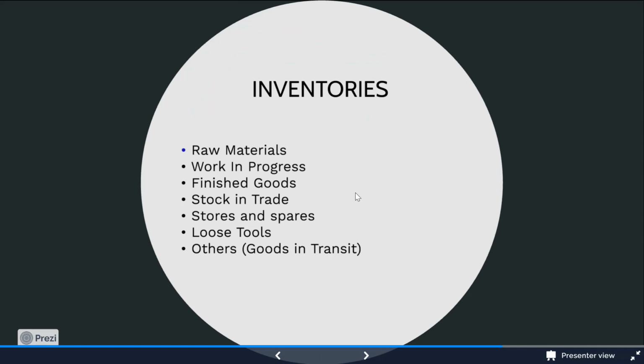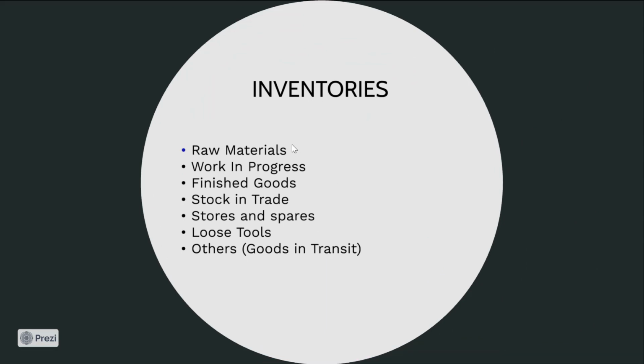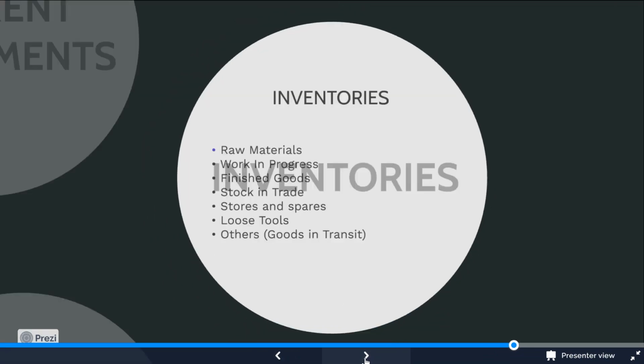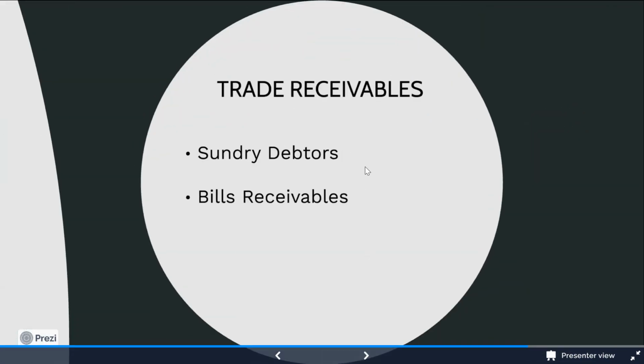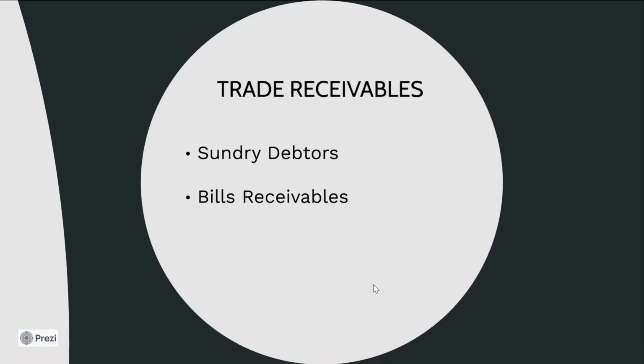The following come under the head of inventories: raw materials, work in progress, finished goods, stock in trade, stores and spares, and loose tools. Also goods in transit. Under trade receivables, we have sundry debtors and bills receivables.